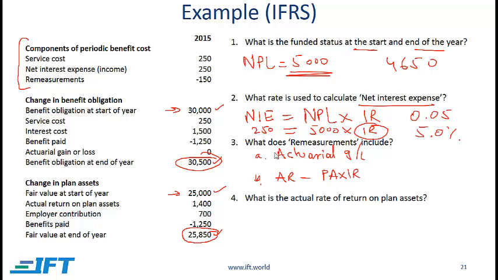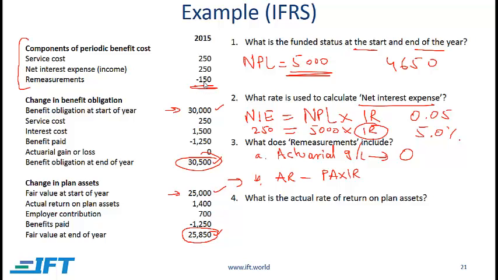We are told that the actuarial gains here are 0, so there are no gains or losses. So in our somewhat theoretical example, this is 0, though in the real world this is seldom 0. The entire remeasurements then in our example is this component, and we are shown that number: minus 150.